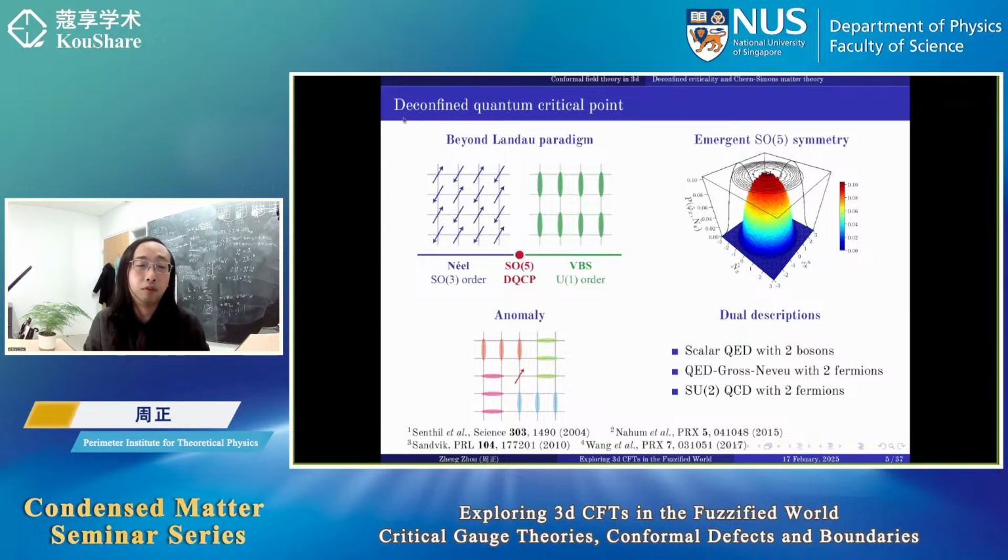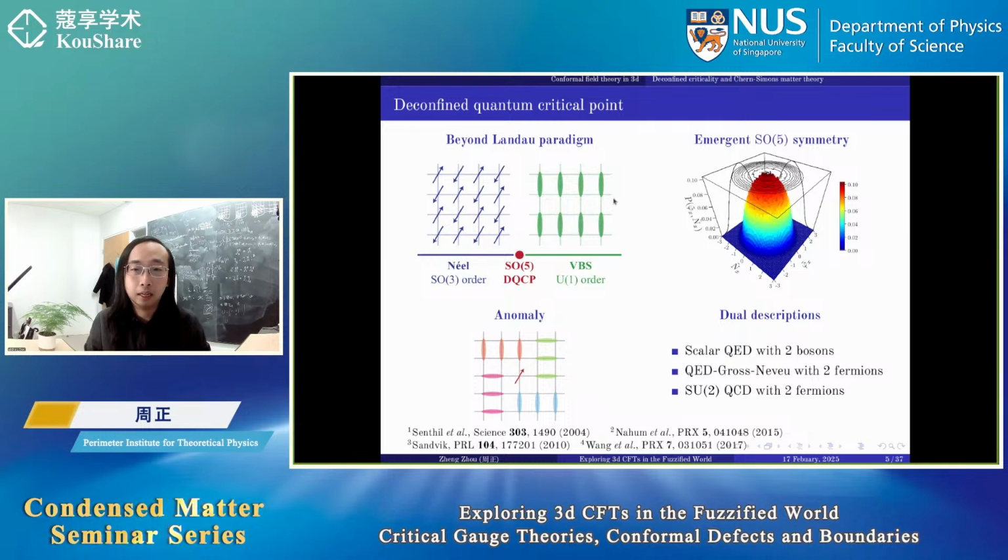For example, one of the pioneering examples is deconfined criticality, which was first proposed to describe a direct phase transition between the Néel and VBS orders. It is a phase transition between two different ordered phases, so it goes beyond the Landau paradigm. Later, people found something more interesting.